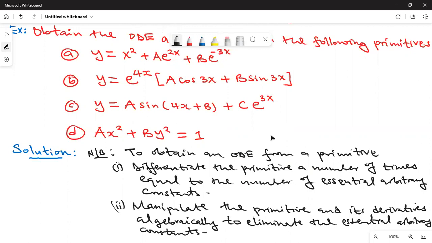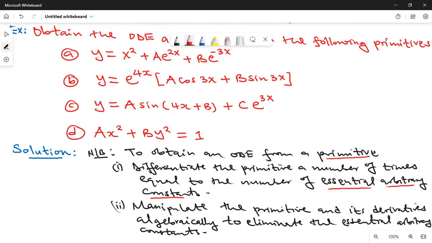Now there are terms that I've used here that somebody might be wondering. What do we mean by a primitive? What do we mean by an arbitrary constant? And what do we mean by essential arbitrary constants?